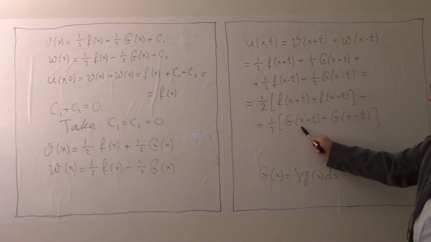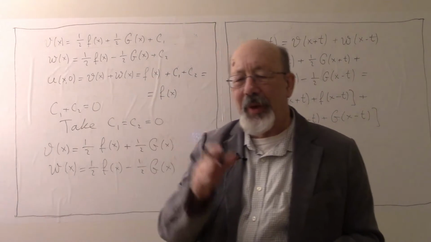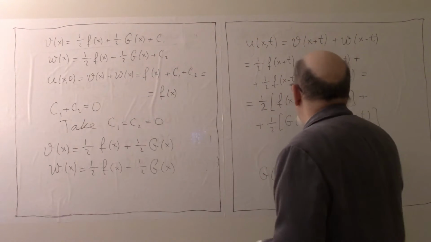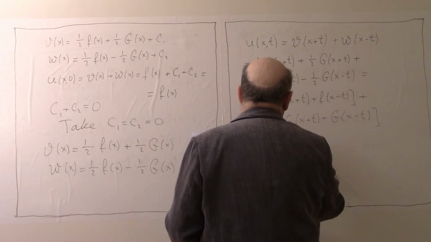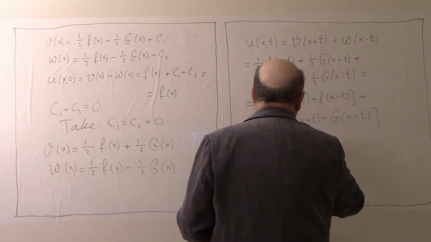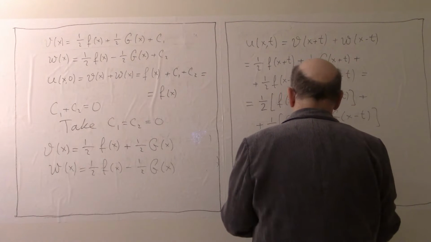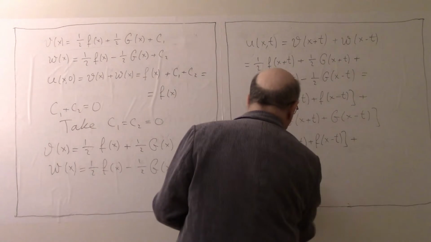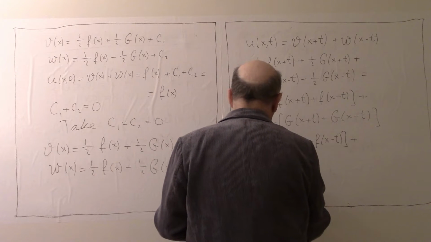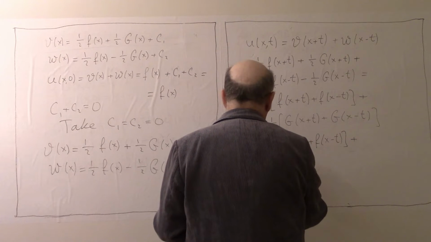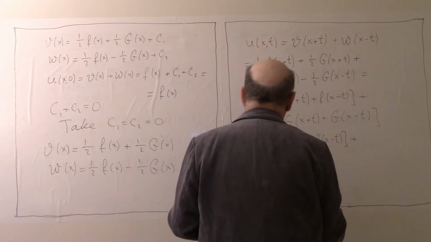So g of x plus t minus g of x minus t is exactly the integral from x minus t to x plus t of g of x dx. So again, it is 1/2 f of x plus t plus f of x minus t, plus 1/2 integral from x minus t to x plus t of g of x dx.